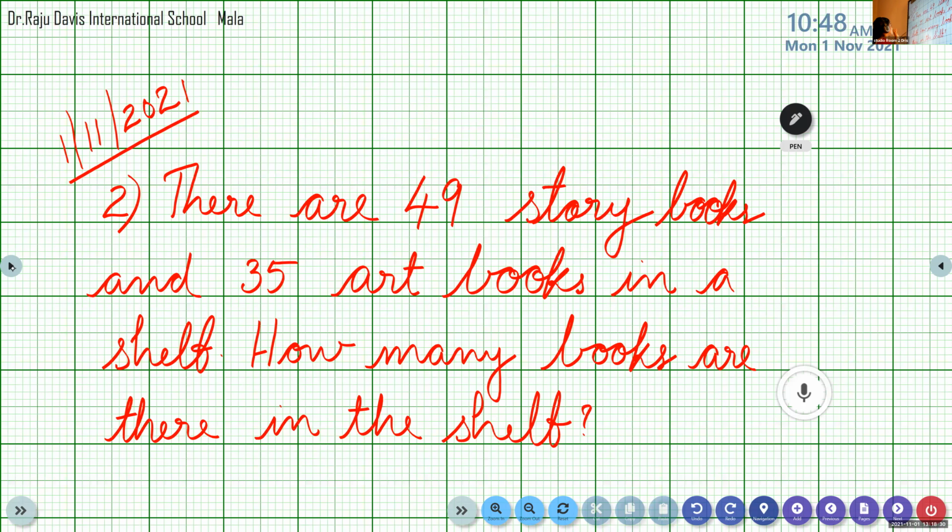So please write the question, everyone. So here it is telling about 49 storybooks and 35 art books. So when we are writing the steps for the word problems, we have to use these things. It is telling about books.